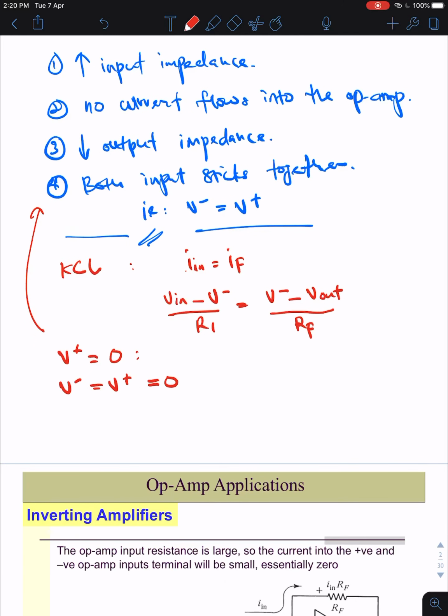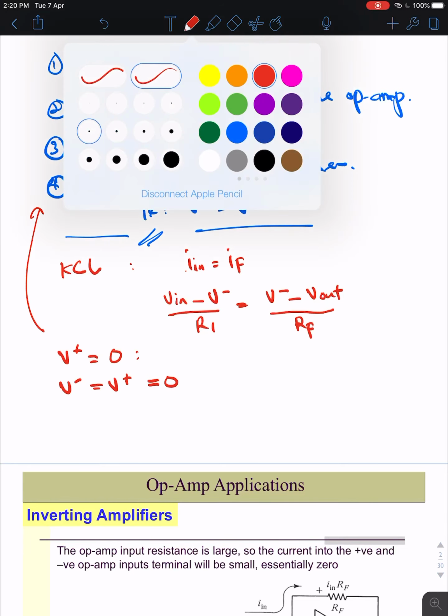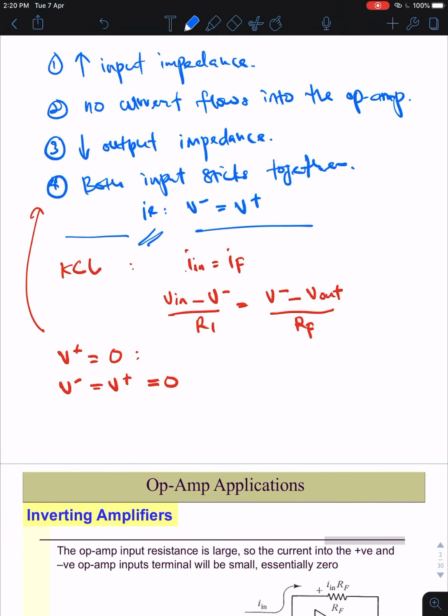Now we have the next step. We have (V in minus 0) over R1, which is V in over R1, equals (0 minus V out) over RF, which is negative V out over RF.